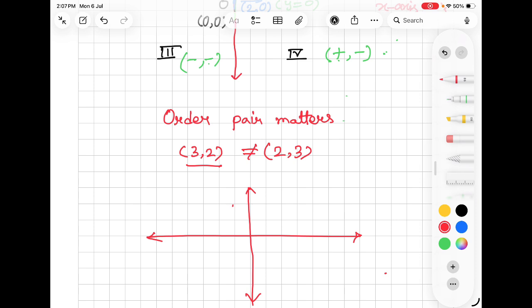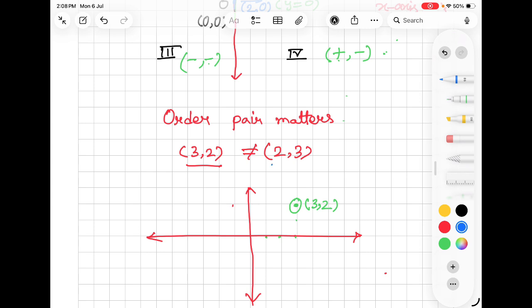How to plot 3: 1, 2, 3. Here is 3, and 2 is the y coordinate, so go up 1, 2. This is the point whose coordinates are (3, 2).